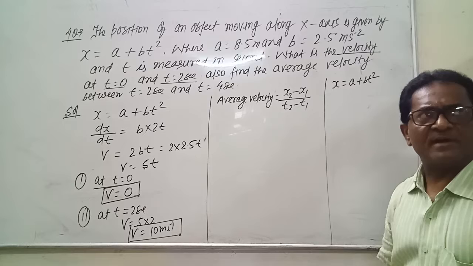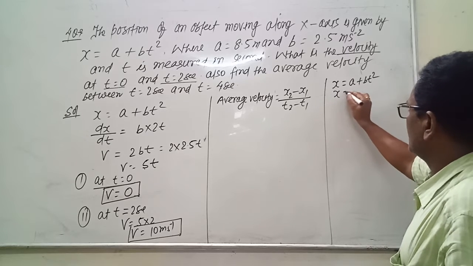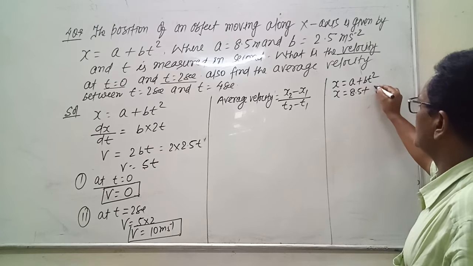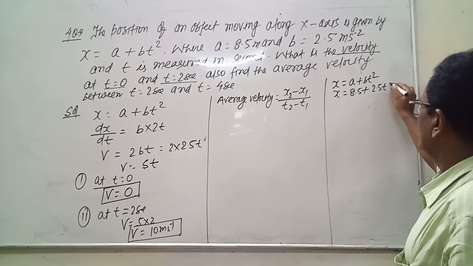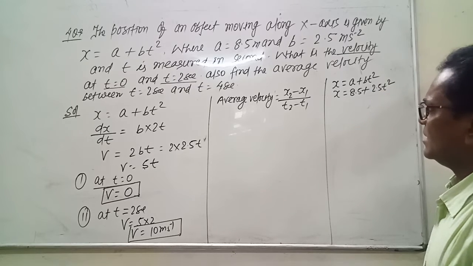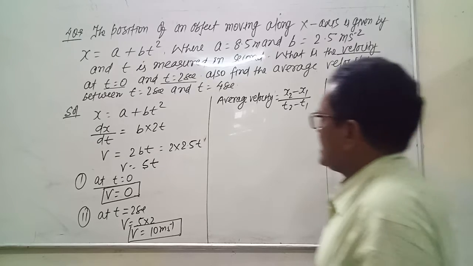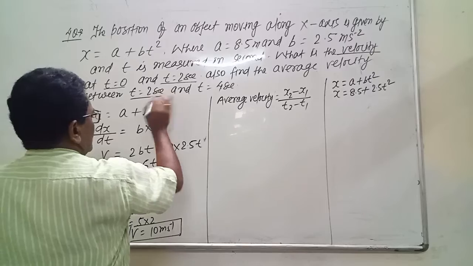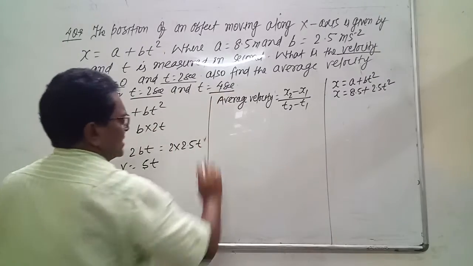We will put the value of a and b. So the value of a is 8.5 plus b, 2.5 into t square. We have to find the average velocity between 2 seconds to 4 seconds.